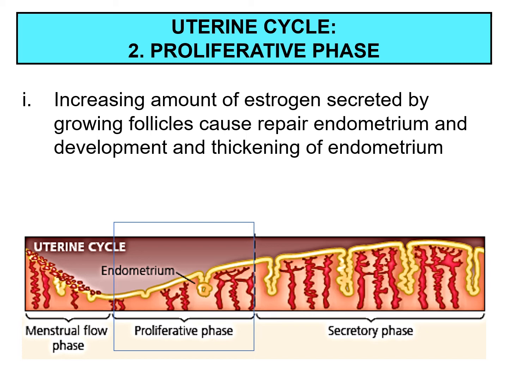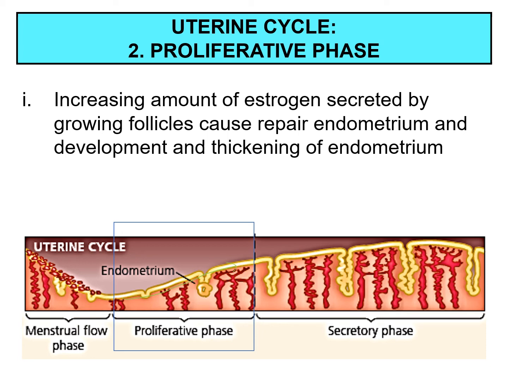When the menstrual flow settles, all of the dead tissues of the endometrium have been discharged, the increasing amount of estrogen will help to thicken the endometrium, to build up again the endometrium.